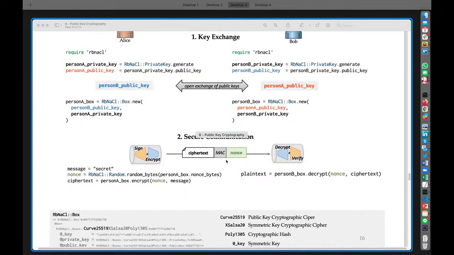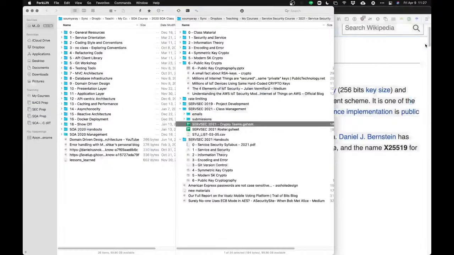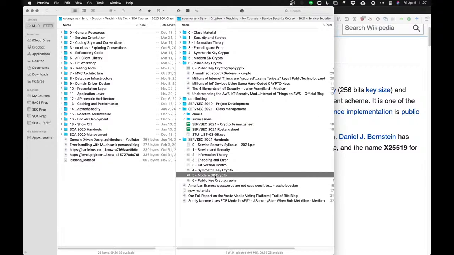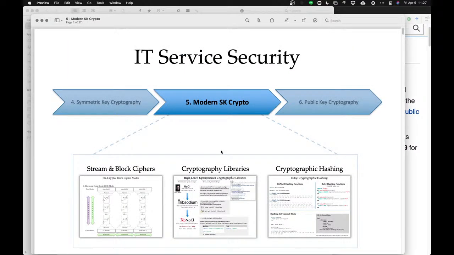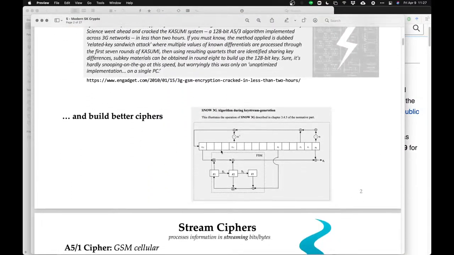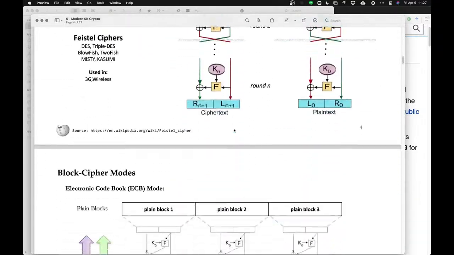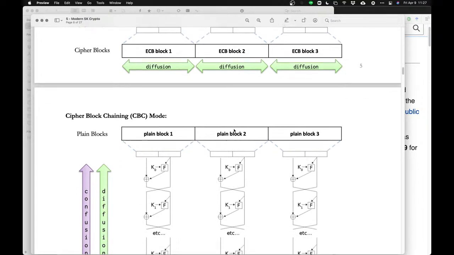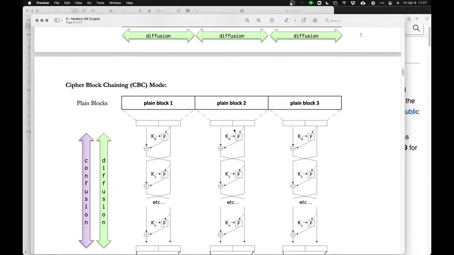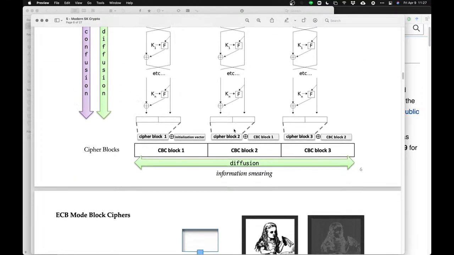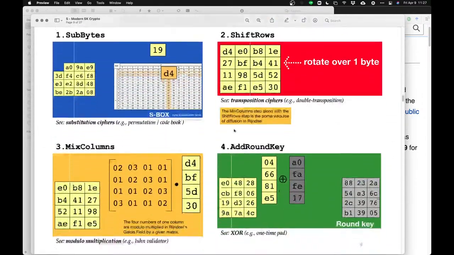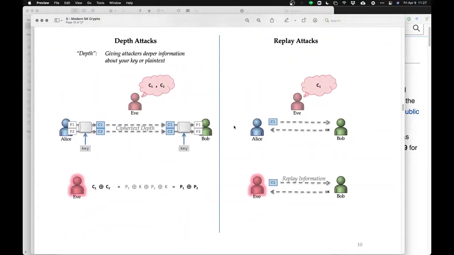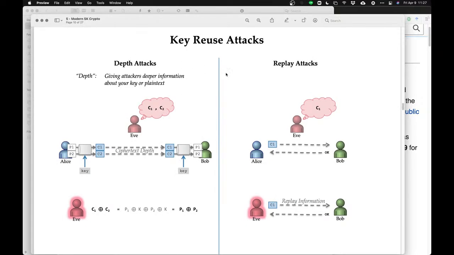The answer goes back to, let me see if I can find it, last week's two, not cryptographic problems, but two usage problems, two problems of applying these techniques. One was called depth attacks, the other was called replay attacks.